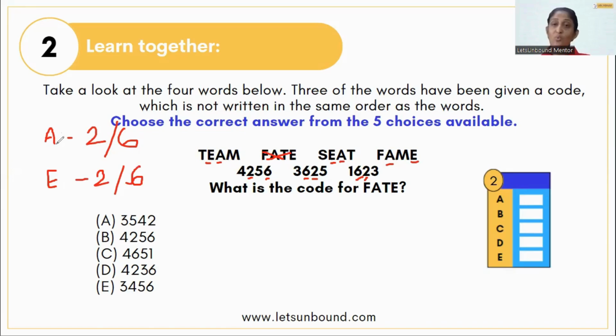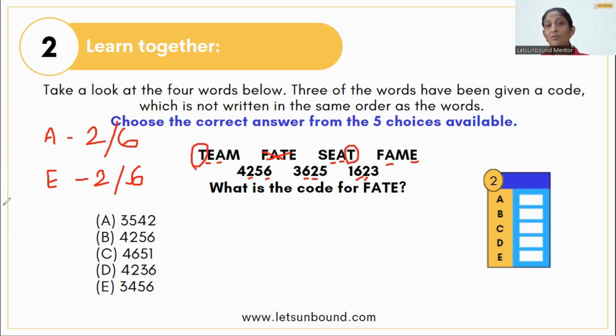So now let us check which number is A and which number is E. For that we need to study a little more in detail for this 3 number words. Now let us see. We have the alphabet T, which starts in this, and the alphabet T, which ends in this.